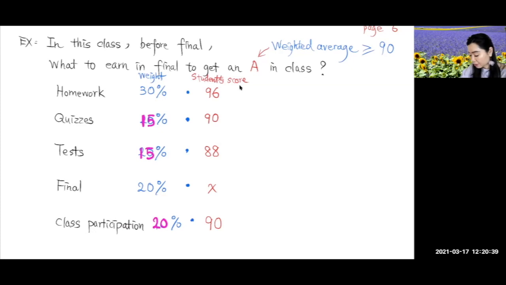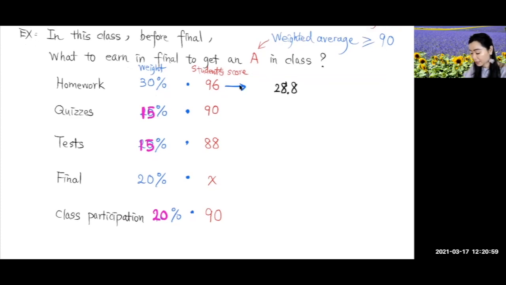Okay, multiply over here. This is 30% of 96. Use your calculator. You're going to get what? 28.8. Okay, so 28.8. And what about this?